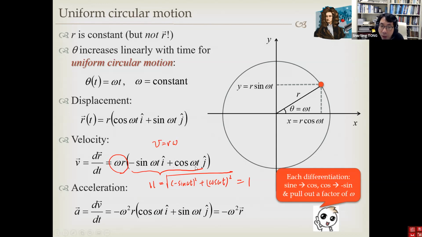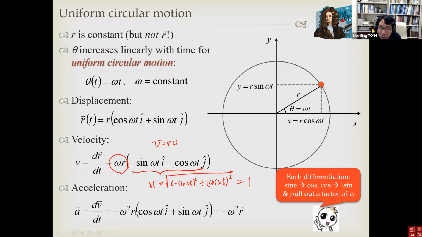For the cosine term, you differentiate it, you get a minus sign term and also omega. But a cosine becomes minus sine, so you have a factor of negative sign. You pull the minus sign out together with that of the first term, and you get minus omega squared r, multiplied by cosine omega t i plus sine omega t j.